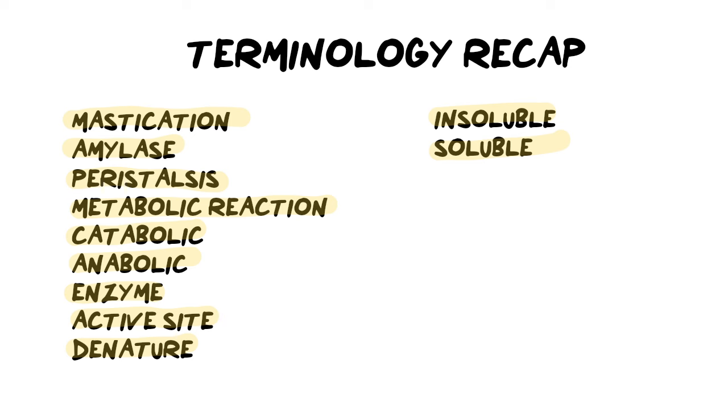Now, if the substance doesn't get small enough, it won't be soluble, it won't move into water, it won't move into the bloodstream. And so if something is insoluble, it's not absorbable and it won't be able to be used by the body. So the point of the digestive system is to make food smaller, increasing the surface area so that it can become soluble and be absorbed into the bloodstream.